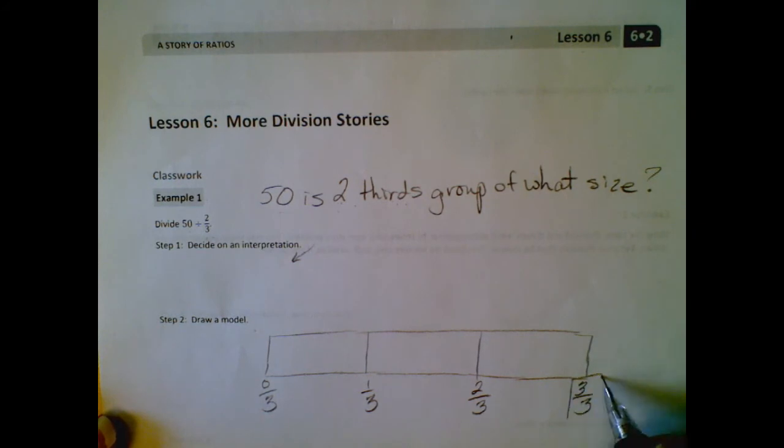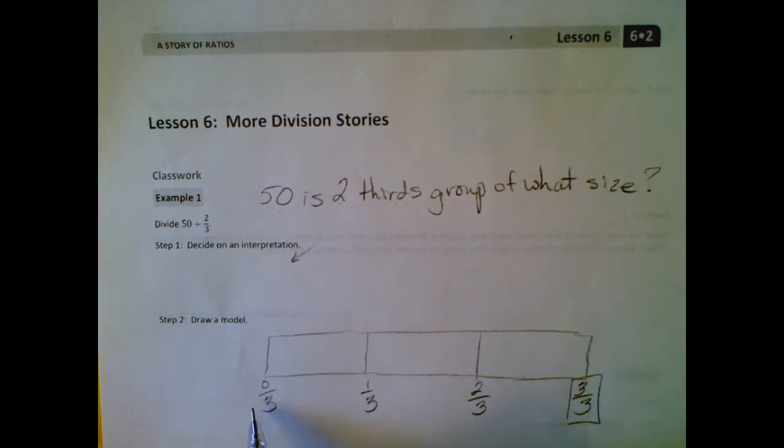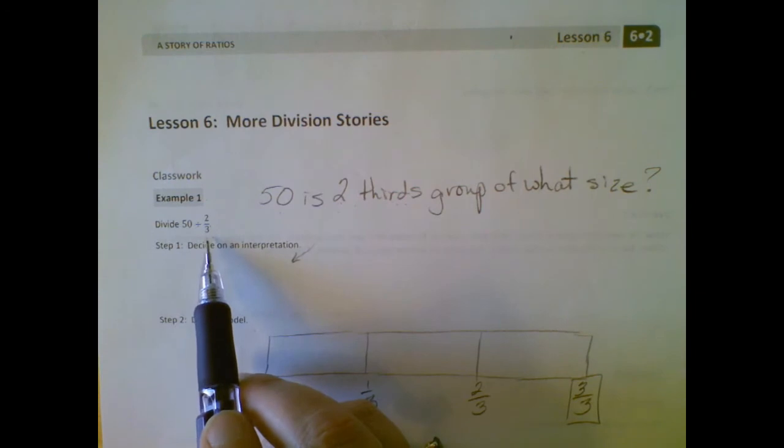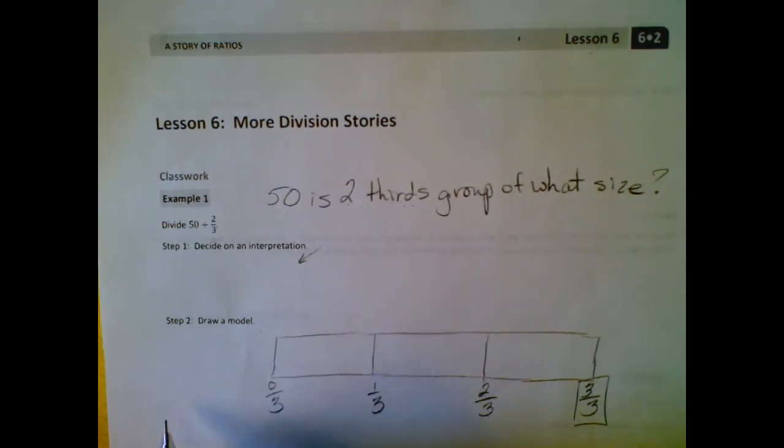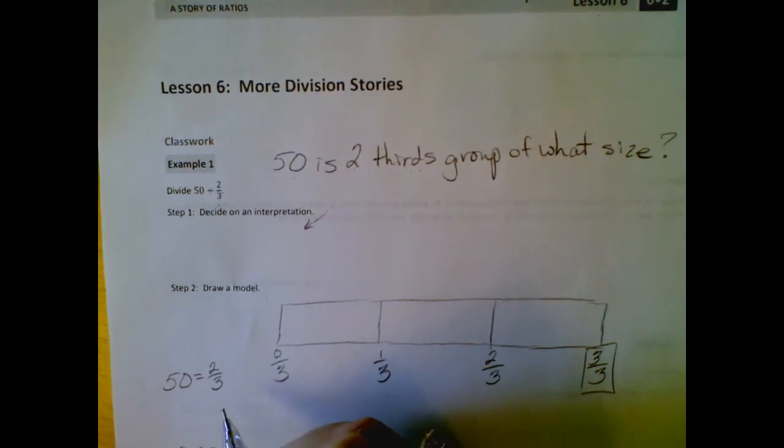That is my entire. When I interpret it this way, it's saying 50 equals 2/3 of something. So I am looking for what the something is.